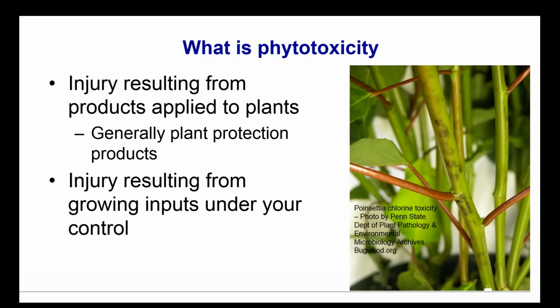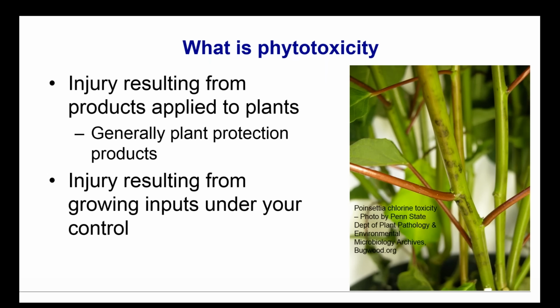I think it's useful to think about it as injury from something that we have done as a manager of plants. So whether it be from too much fertilizer or the growing media properties or water properties that can potentially cause a reaction that damages the plants.